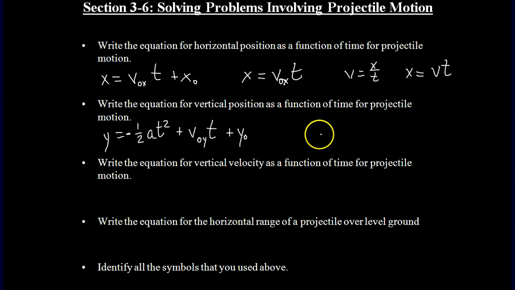And this just comes from the equation where we're using 1/2 at squared plus v naught t. Oops, this is going off the side there. Sorry about that. Let me rewrite it here. 1/2 at squared plus v naught t plus x naught.